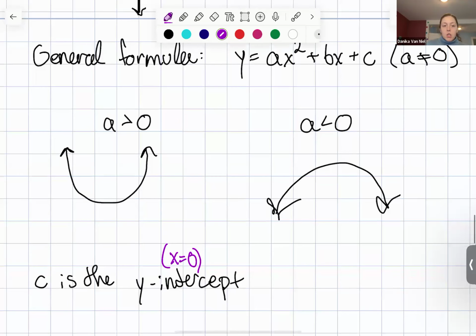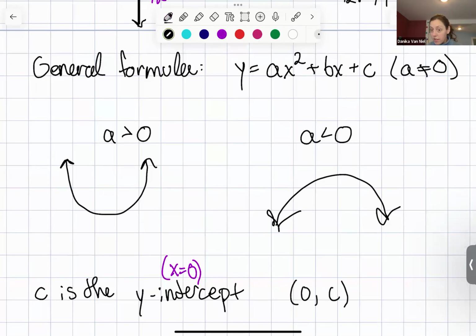The y-intercept for parabolas is often a lot easier to find because you just plug in 0 and you just get C. Look at our general formula.